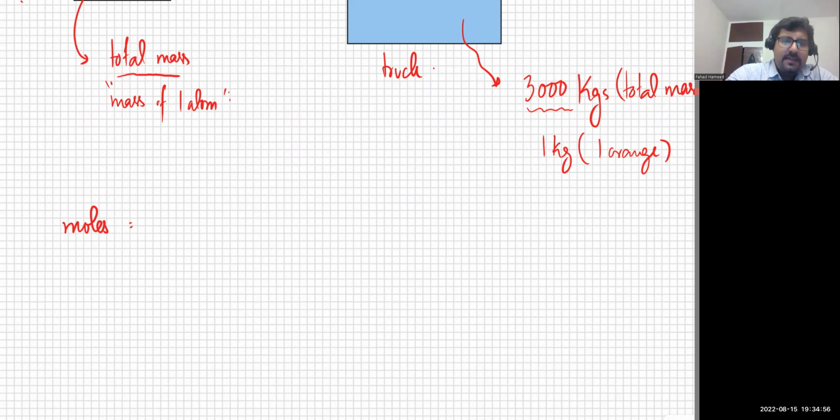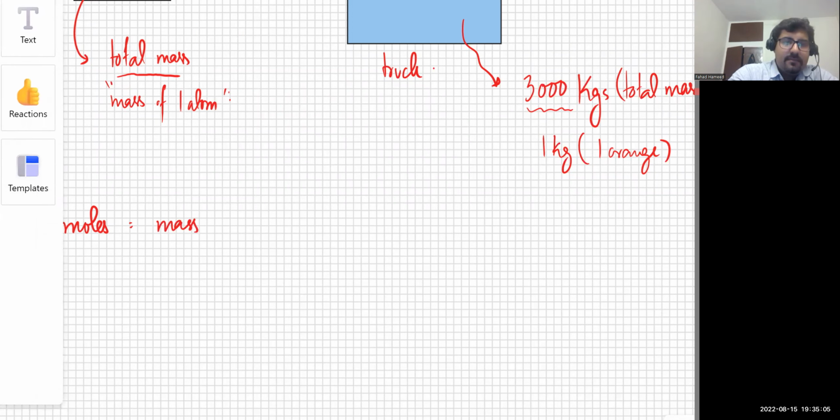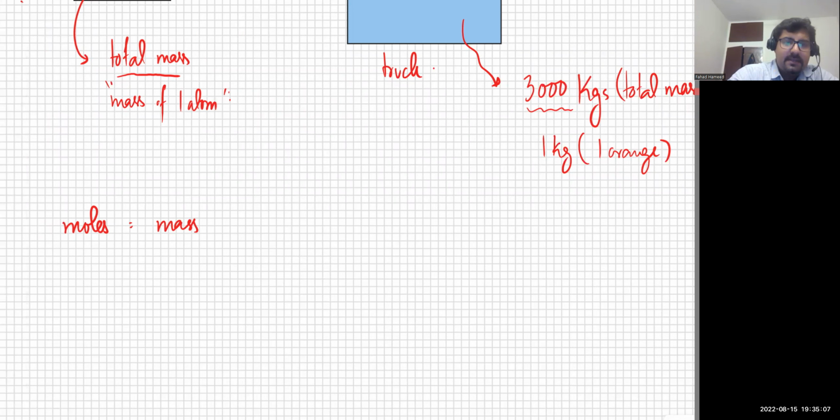The way you do it is, it's the total mass of the entire thing divided by the molar mass. That is going to be my first formula, which we're going to use.